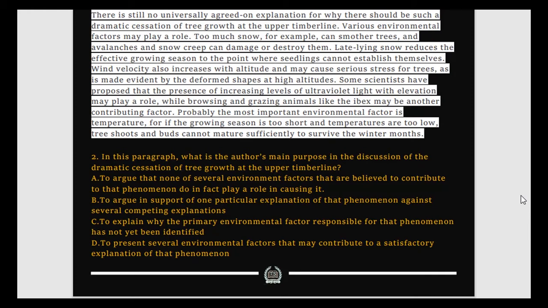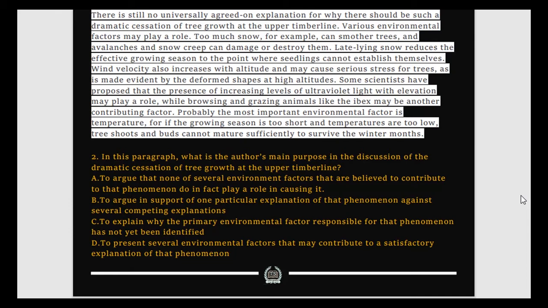Okay, now we read the answer choices and try to cancel out the wrong ones so we can get higher possibilities of answering this question correctly. A, to argue that none of several environmental factors that are believed to contribute to that phenomenon do in fact play a role in causing it.